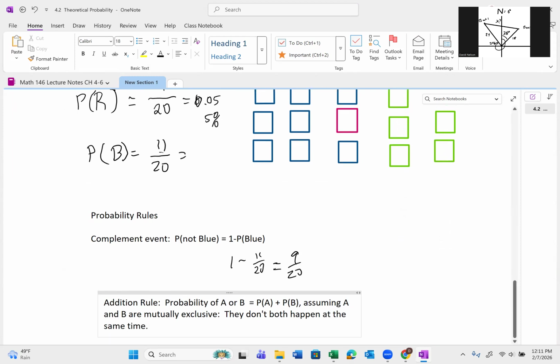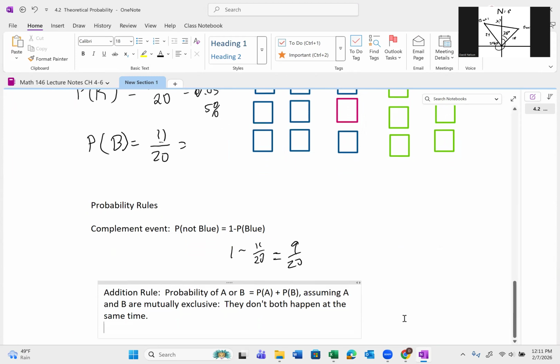So we're not looking at, say, tiles that are partly red and partly blue, where getting a blue one counts as both blue and red at the same time. A lot of times when you're looking at something like that, you're going to add those two, and that's a useful thing to do with the addition rule.